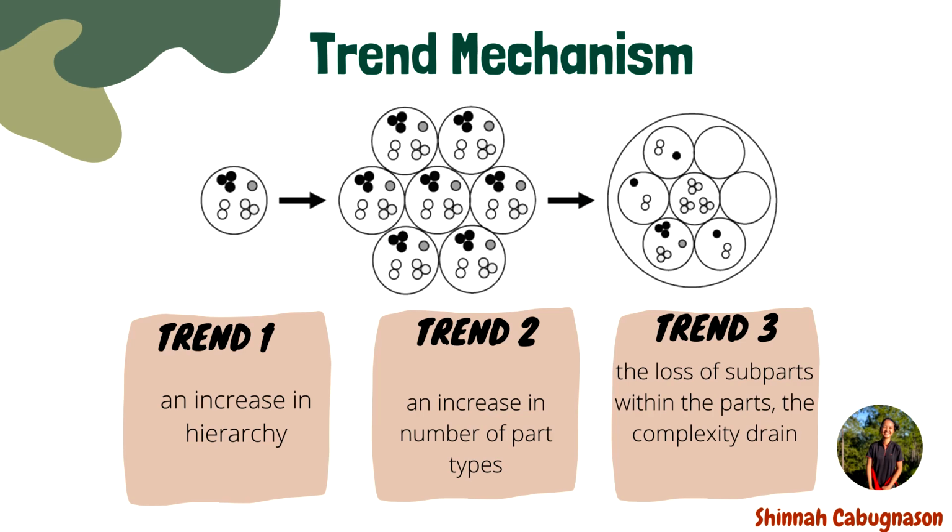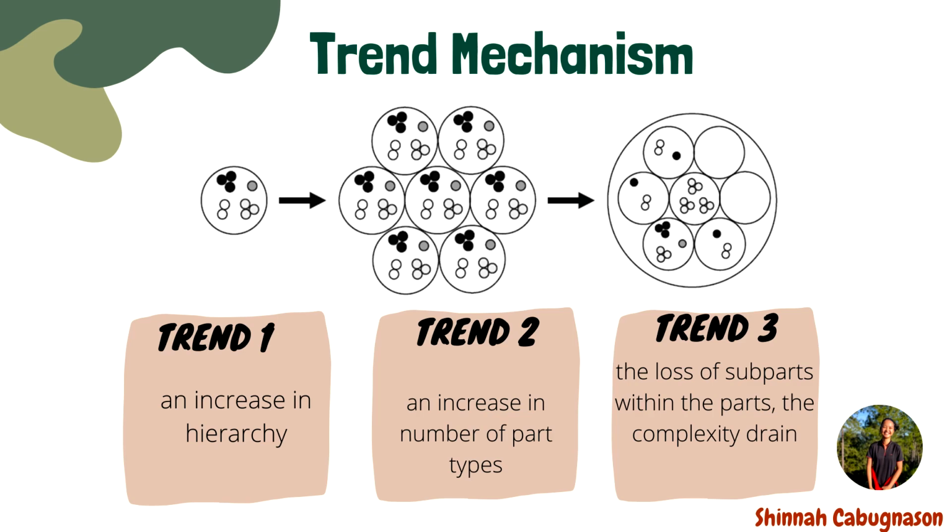At the same time, the number of types of the medium-sized circle increased from 1 to 4. In other words, there was an increase in horizontal complexity. So trend 2 is an increase in the number of part types.